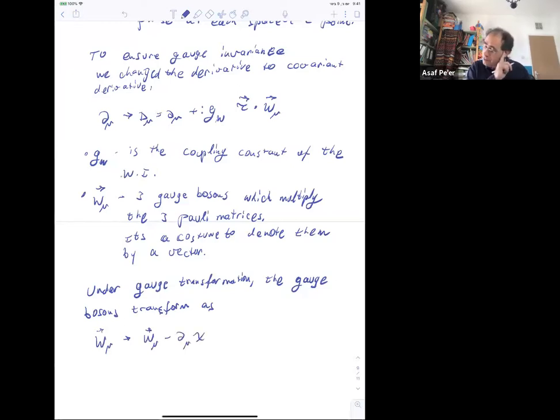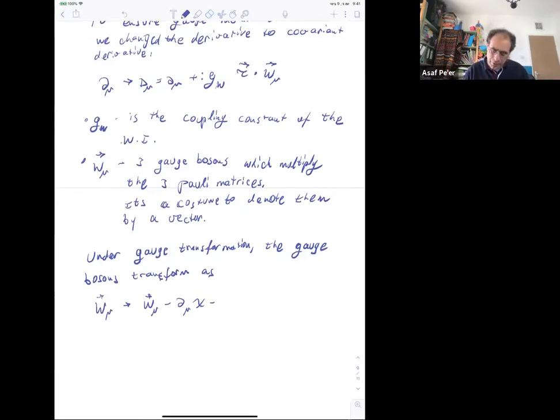That's what we had previously in the EM as well. But then there is this extra term, which comes from the non-commutativity of them. Remember the structure constants. It will be g W χ cross W^μ.